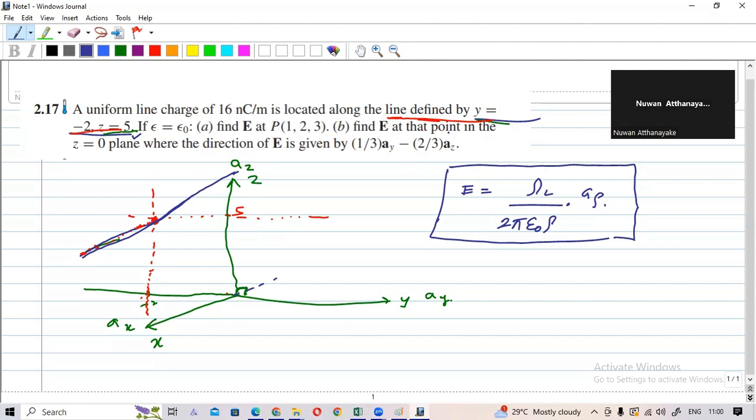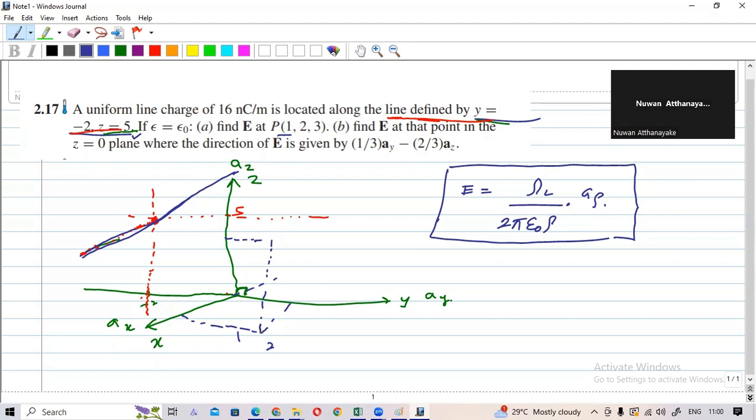The point is given here. This is the point 1, 2, 3: x is 1, y is 2, z is 3.